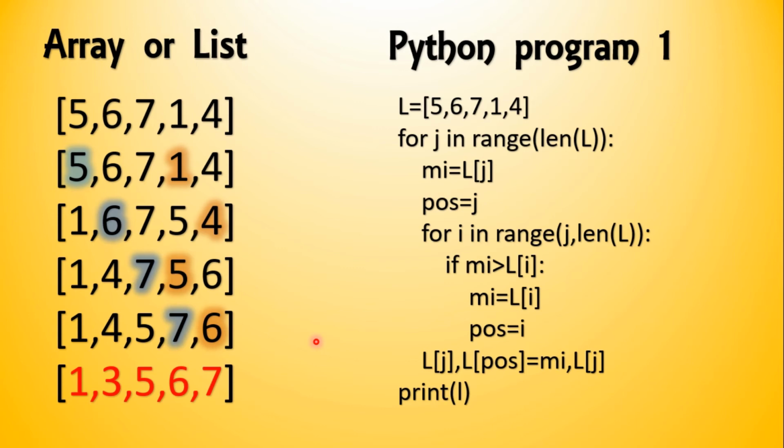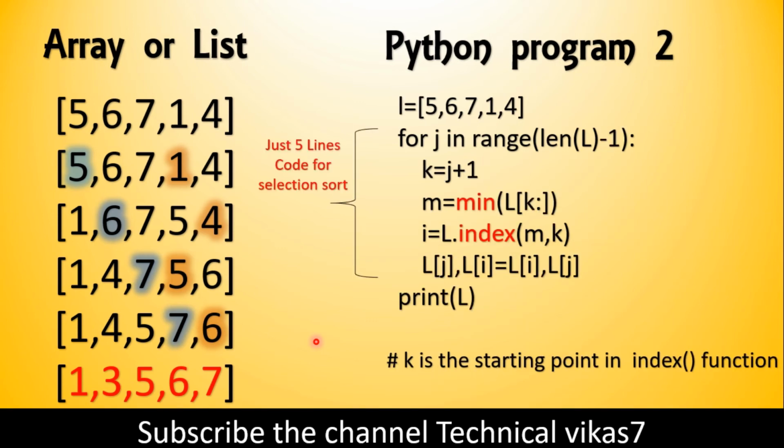So without wasting time, let's move to the 5-line code with which I have simplified this selection sort. So this is the 5-line code. Here I am using the functions of Python. This is the list L, though it's a small l, but we are denoting it with a capital L, so just assume it as a capital L. The numbers are 5, 6, 7, the same numbers which we explained over here.